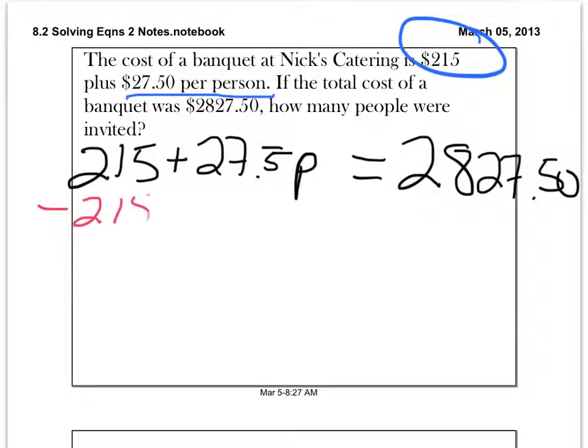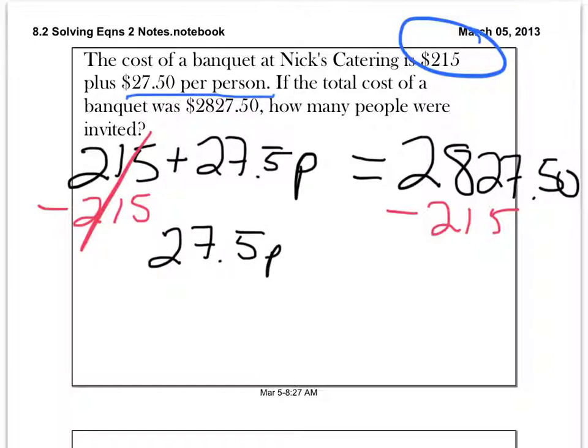Subtract 215 from each side, so that will cancel, leaving you with 27.5 times P equals 2,612.5.